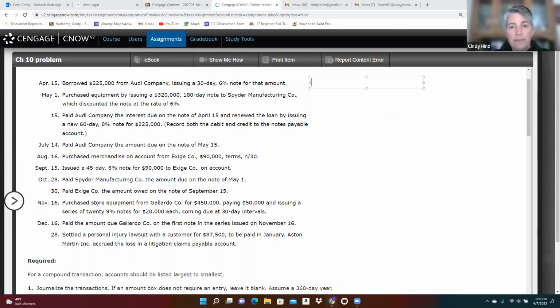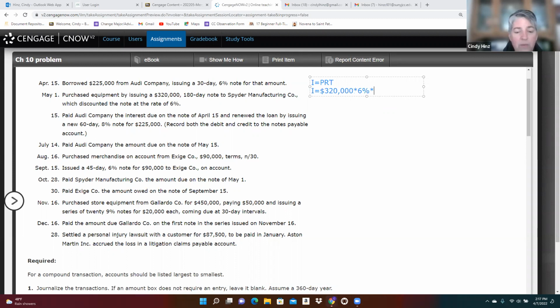So the simple interest calculation we know is I equals PRT. And in this case, the principal is $320,000. The interest rate is given at 6%. And then the T, the time period, needs to be expressed as a portion of the year.